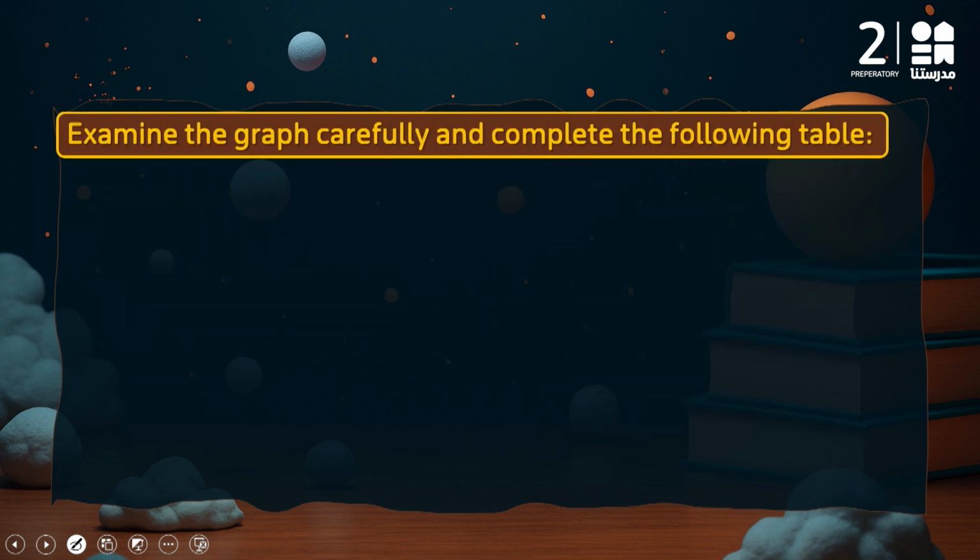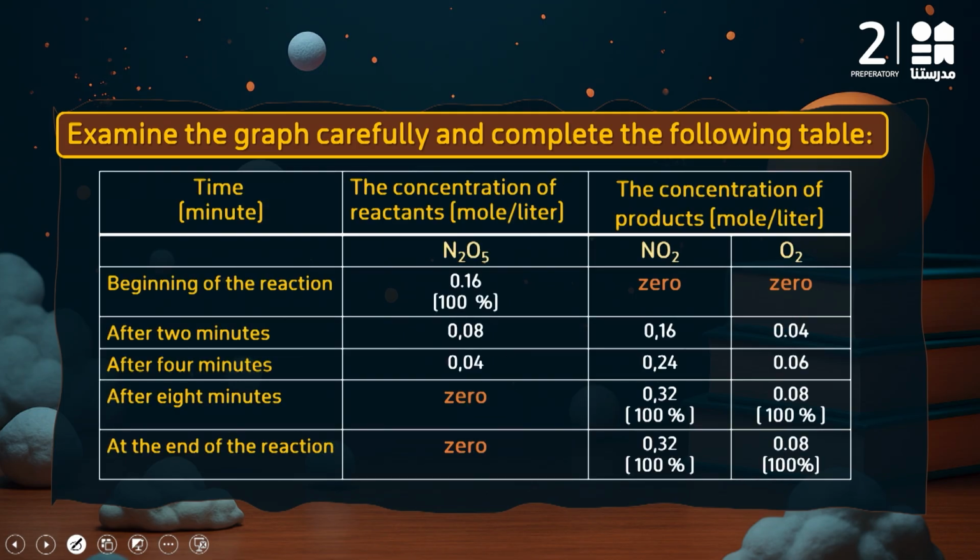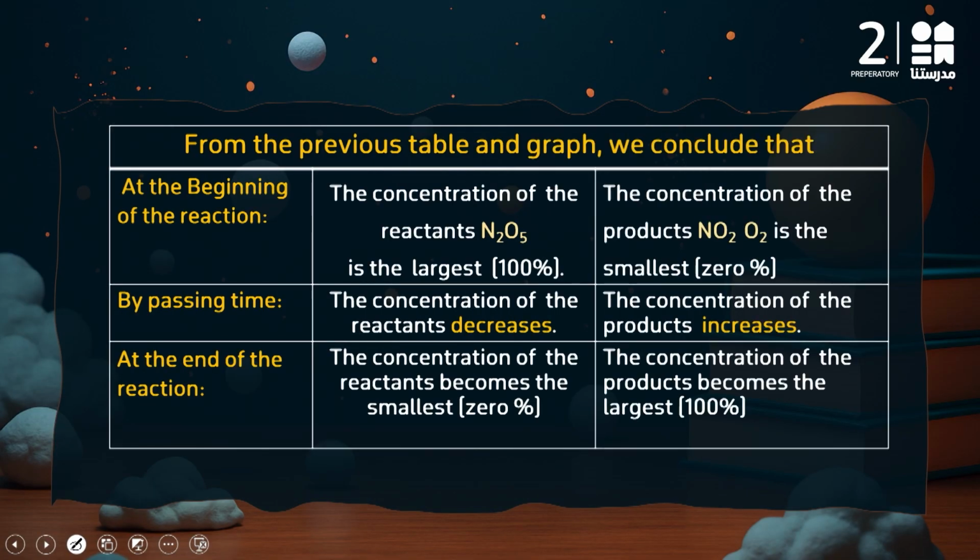Examine the graph carefully and complete the following table. This table tells me what happened to the concentration of nitrogen pentoxide, nitrogen dioxide and oxygen gas. At the beginning of the reaction the concentration of the reactant, nitrogen pentoxide, was 100%.